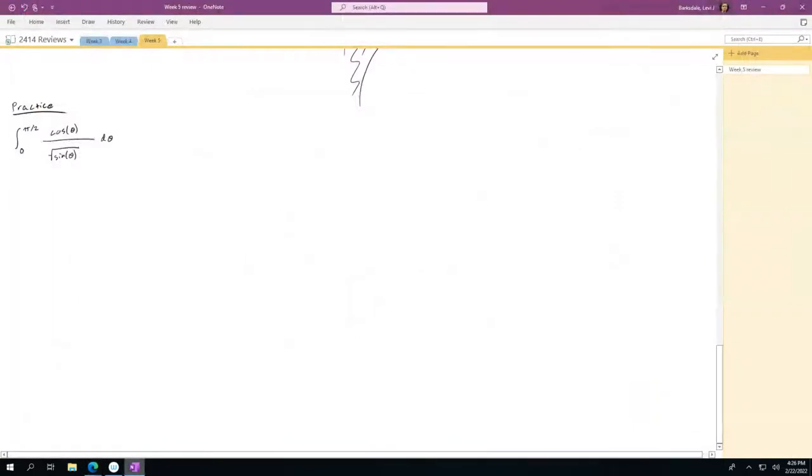All right, let's go over this problem. So first off, we notice that sine of 0 is 0. That's where we get our discontinuity. So we're going to have to rewrite this as a limit. And again, in this case, simple u substitution will suffice.